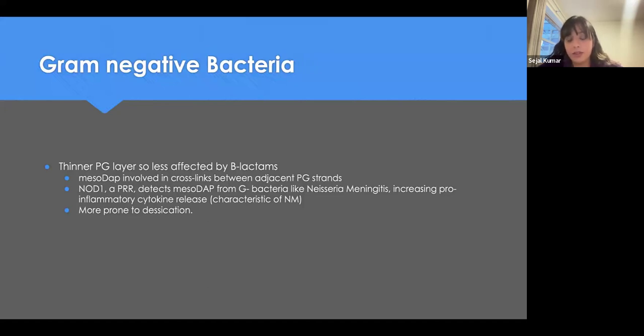So Mesodap, as I said, is involved in the cross-links between the PG strands, and NOD1 is a pattern recognition receptor. That's what PRR stands for, which detects Mesodap from gram-negative bacteria like Neisseria meningitidis, which increases inflammatory cytokine release, which is a characteristic of Neisseria meningitidis. So this is why this inflammatory cytokine release happens.